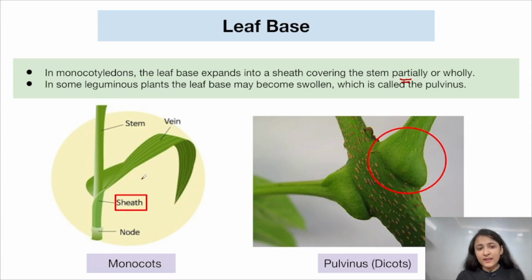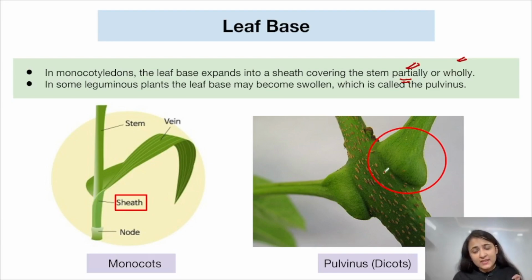So this is covering the monocot stem partially. Okay. So these kinds of leaf bases can be seen in monocots. Okay, in monocots, these leaf bases expand into these sheath-like structures and they cover the stem either partially or wholly, completely. Now, in some leguminous plants, what happens is the leaf base may become swollen.